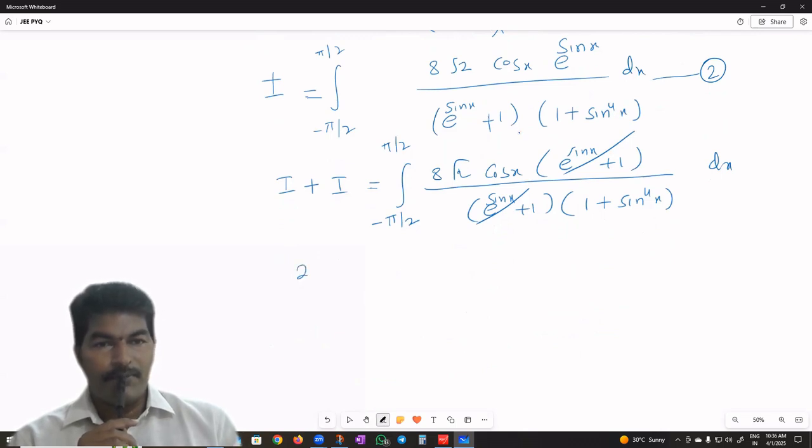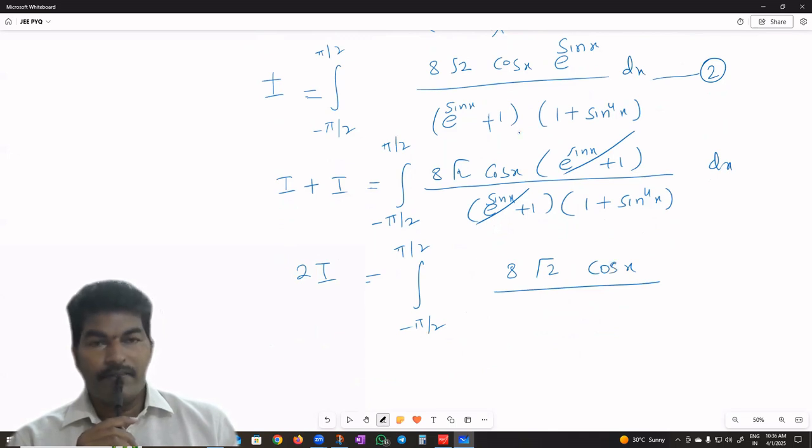And I plus I is 2I, and it will be the integral from minus pi by 2 to pi by 2 of 8 into root 2 cos x. What we have done here is get rid of that e power sin x plus 1.